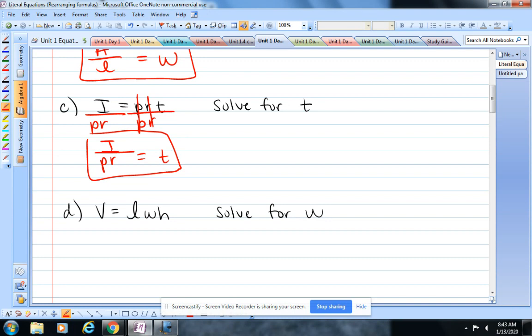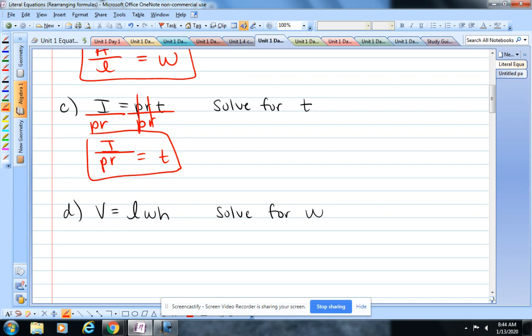Okay. V equals LWH. Y'all know what this is? Volume. The volume of a what? A rectangular prism, aka a box. Volume equals length times width times height. This time they want me to solve for the width.